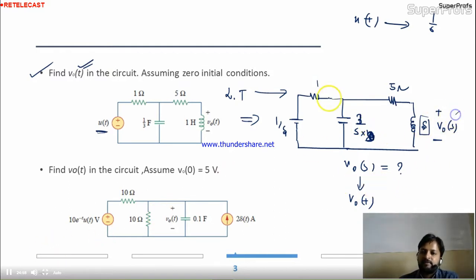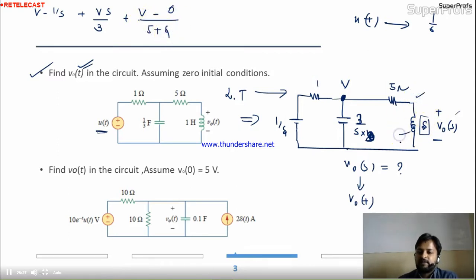It's very simple to get V naught T. Here I can apply nodal analysis. Okay, I'll solve this nodal analysis. (V minus 1 by S) divided by 1, plus V divided by 3 by S, plus (V minus 0) divided by (5 plus S). This 5 and this S, they are connected in series, that's why I'm adding them.